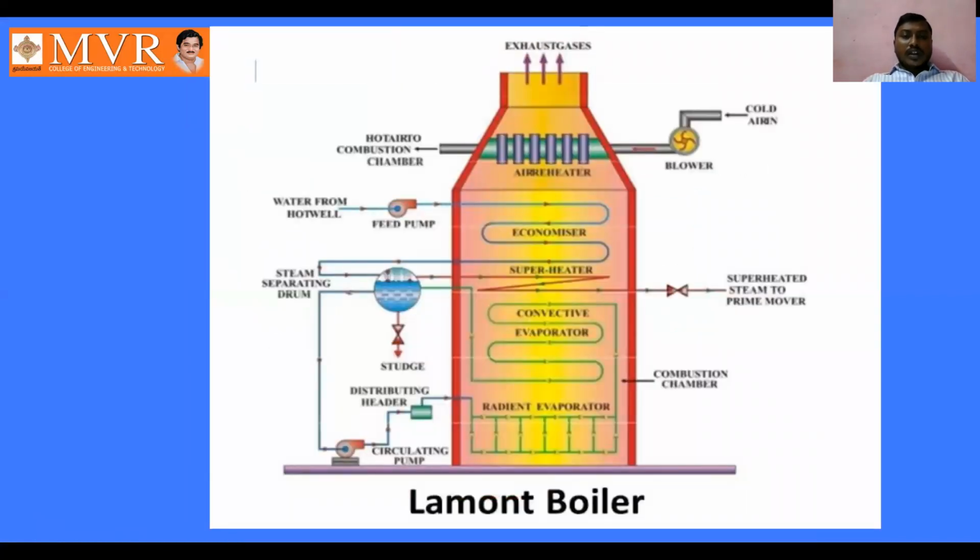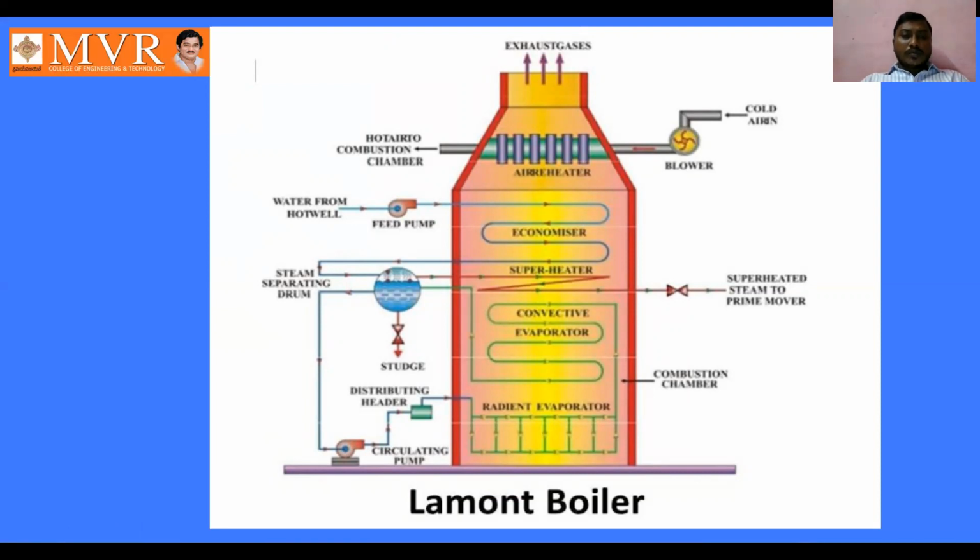Here we can observe the diagram, and the Lamont principle works in the same way. The cold air, by using this blower fan, enters the air preheater, where heat is transferred and it gives hot air for complete combustion.